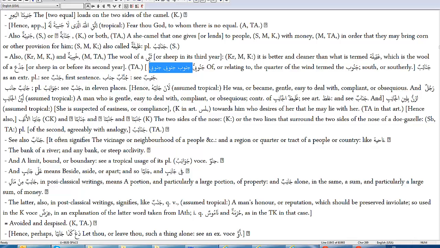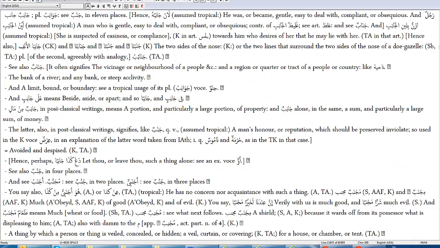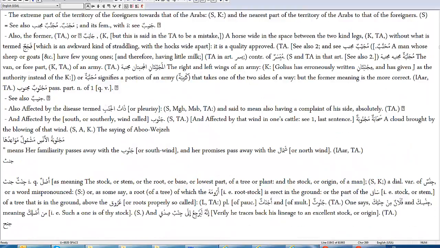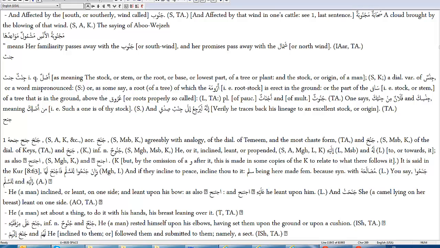There are some other instances in which the changes that they have done are quite useful. For example, let me bring up an example, this word Janaha.